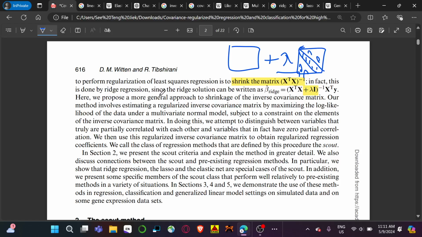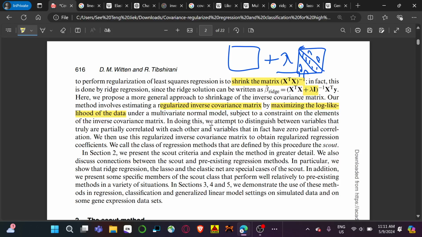Here we propose a more general approach to shrinkage of the inverse covariance matrix. Our method involves estimating the inverse covariance matrix by maximizing the log likelihood of the data, subject to a constraint on the elements of the inverse matrix.